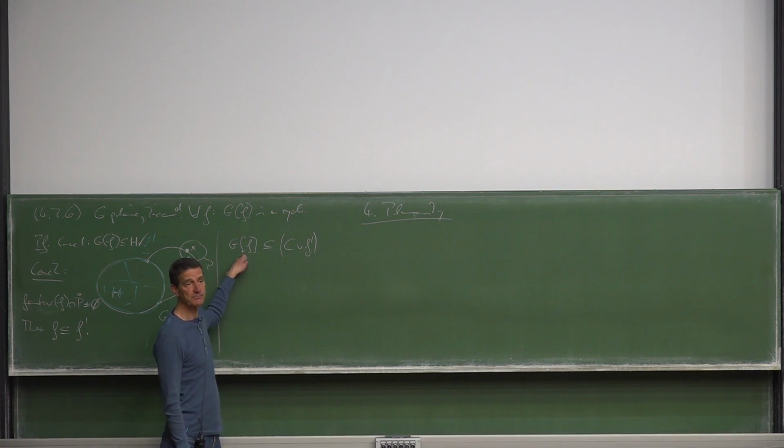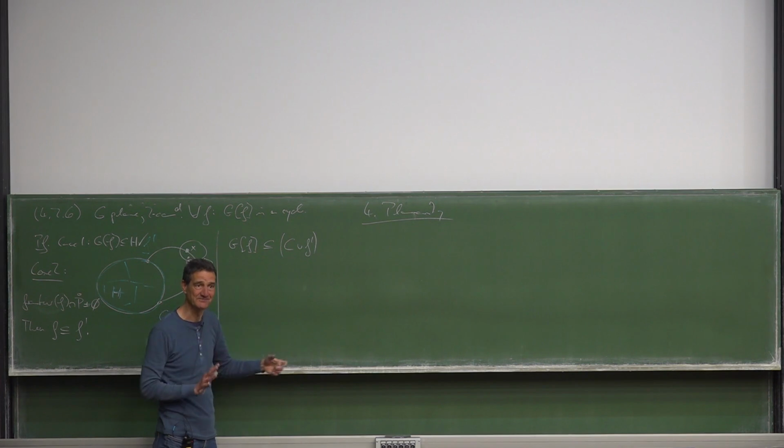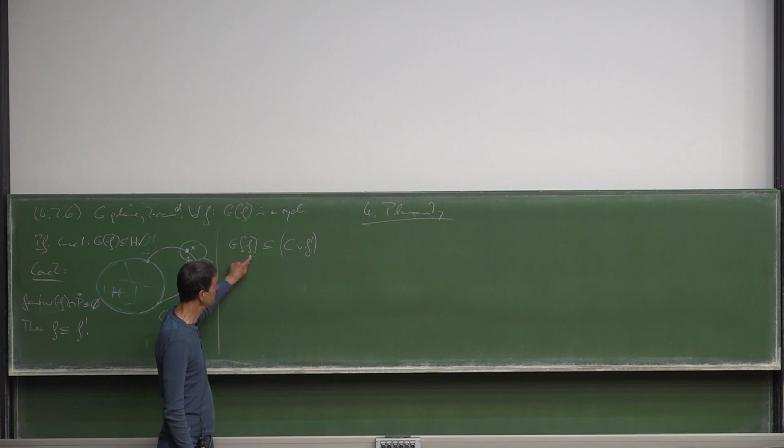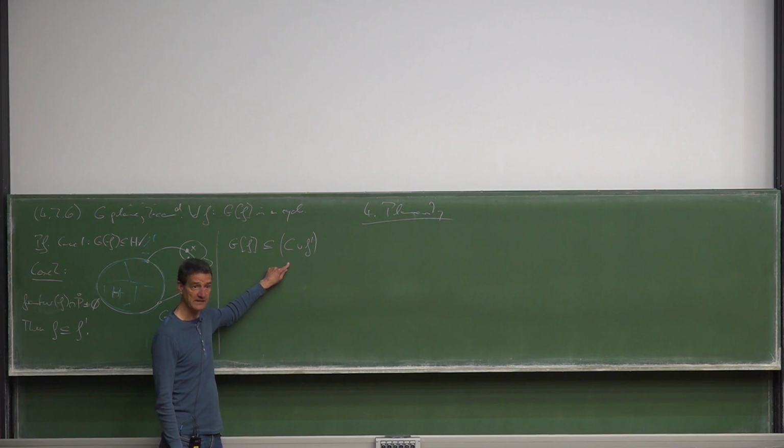If this had a point outside that closed set, that point would have a neighborhood avoiding this set, because the complement of a closed set is open, right? So a point of this boundary of f outside this would have an entire neighborhood outside this.